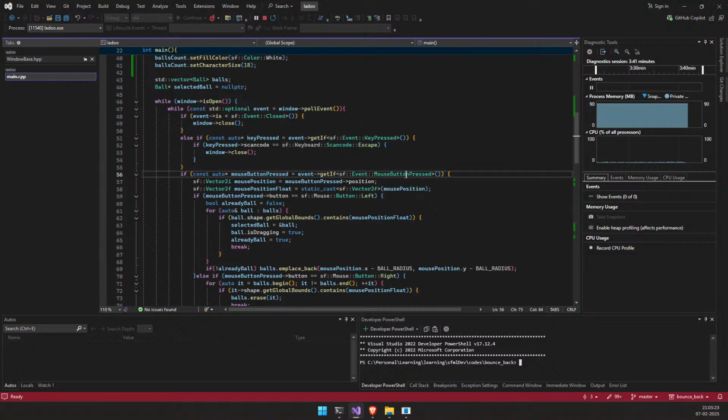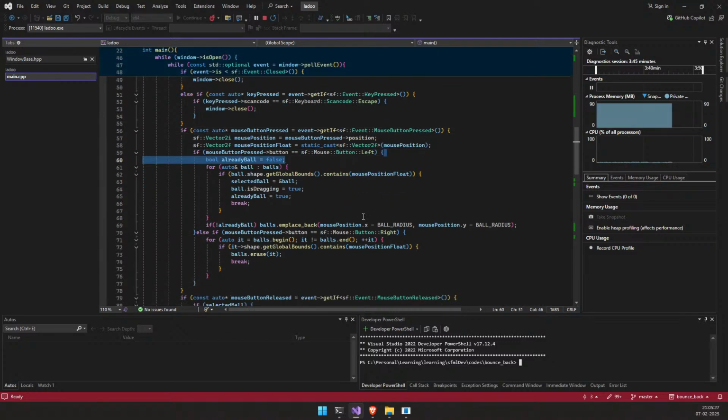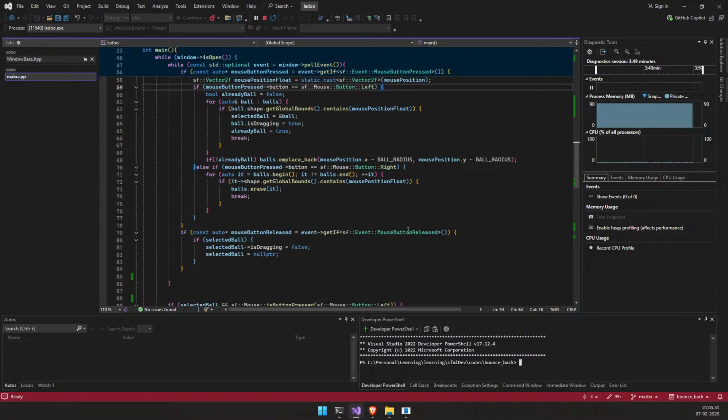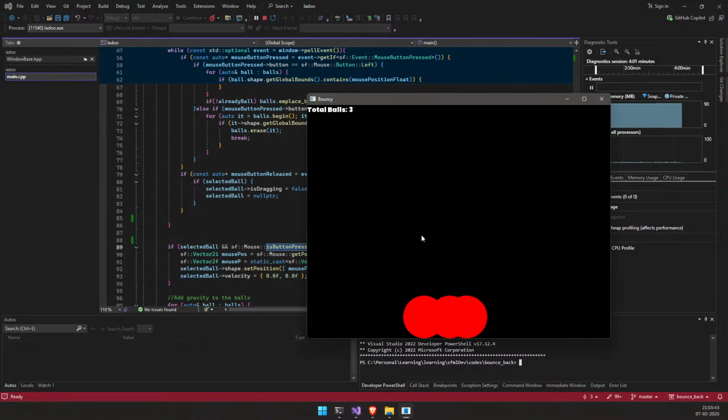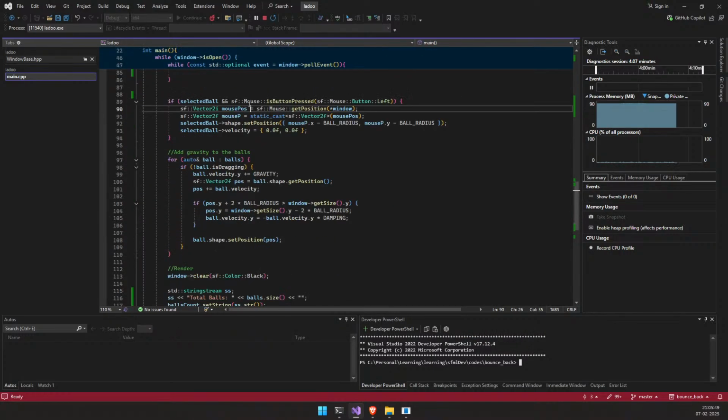On mouse button, we have functions for left click and right click, and then we also have left drag and mouse release. Here you can see on left drag, if a ball is selected and the button is pressed, meaning the ball is selected and dragged, then we perform some actions here.